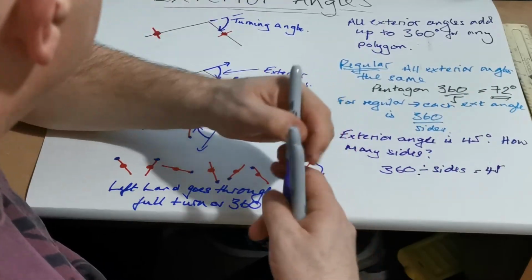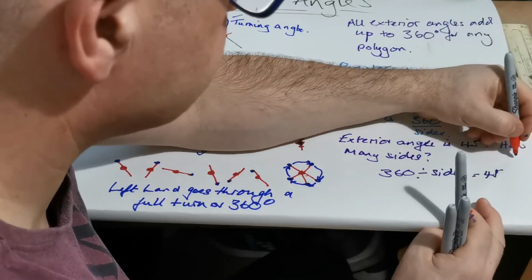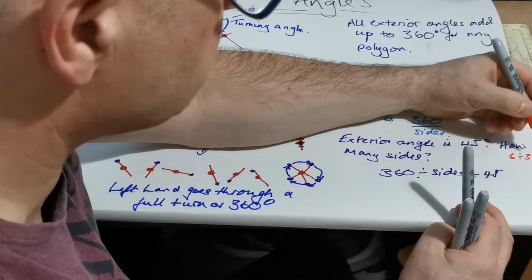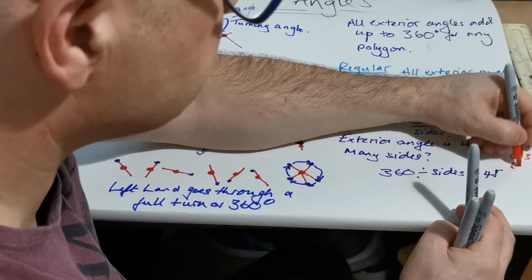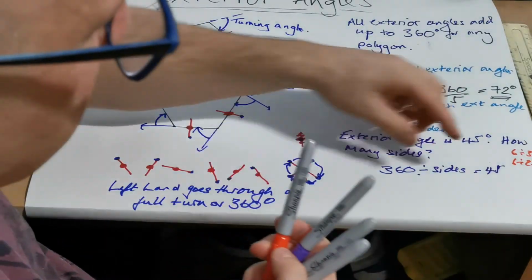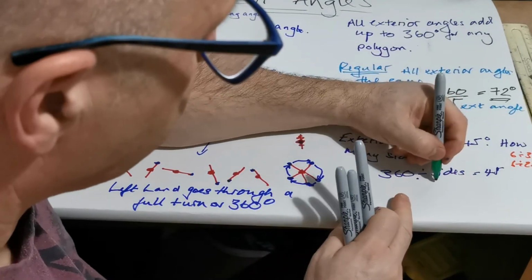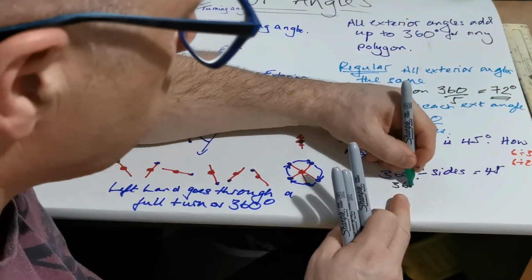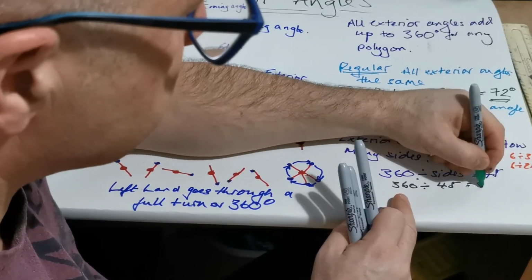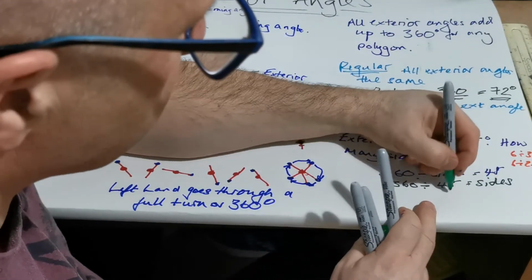And just thinking about a small little feature of maths, if you do 6 divided by 3, we know that equals 2, and we also know that 6 divided by 2 equals 3. So we can swap these two over. So I would say that 360 divided by 45 equals the number of sides, and 360 divided by 45 is 8.